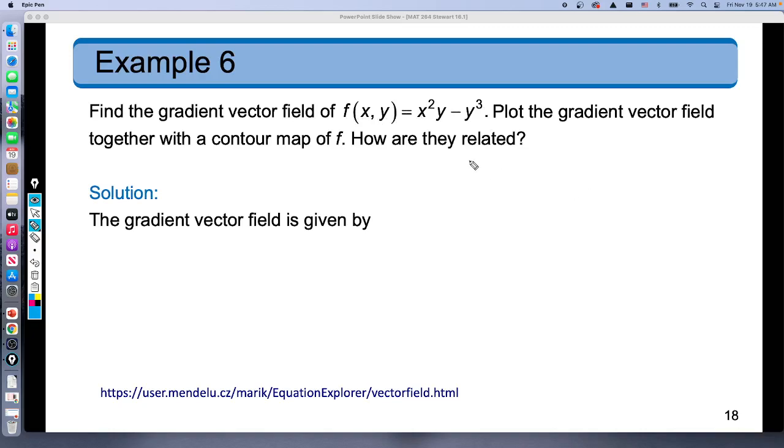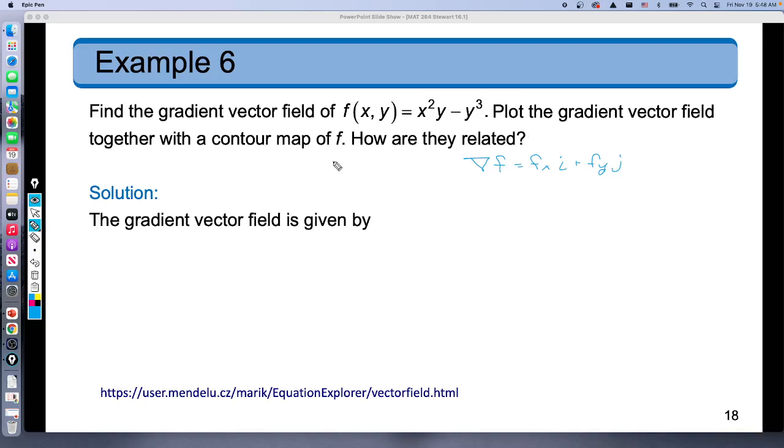Let's see, is it upside down triangle? Or is it the other way? I think it's that, yeah. So the gradient of f is going to be the partial of f with respect to x in the i direction, the partial with respect to y in the j direction. The i's and j's always have problems.